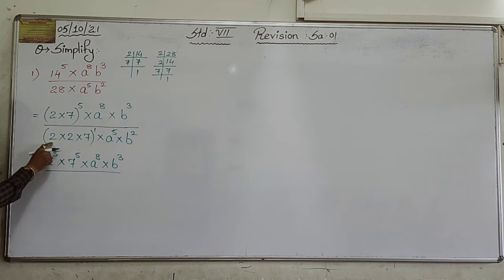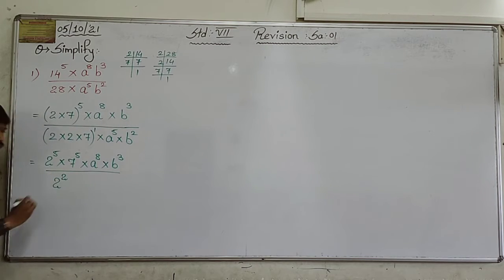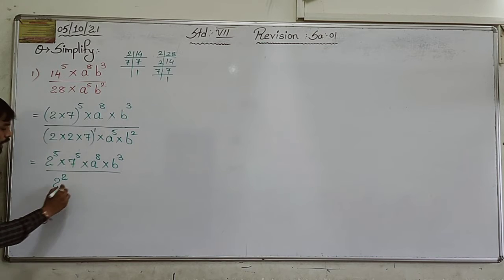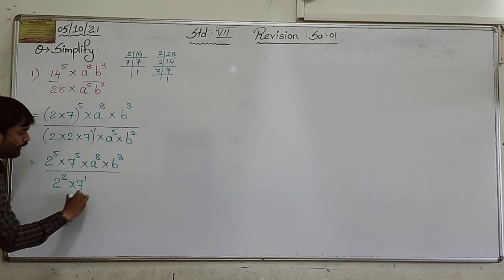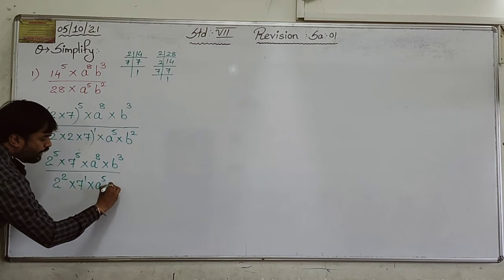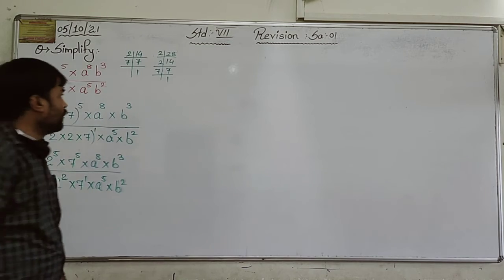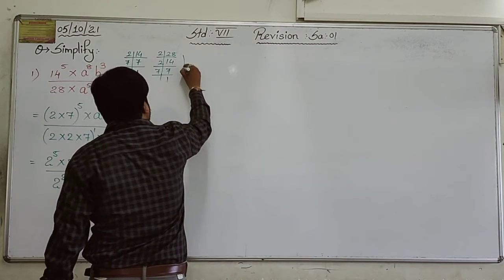So 2 raised to 1 multiplied by 2 raised to 1. How many times 2? 2 times 2. So it will be 2 raised to 2. Do you get the idea? Multiplied by 7 raised to 1 multiplied by a raised to 5 multiplied by b raised to 2. Right? Sure. Now what to do?